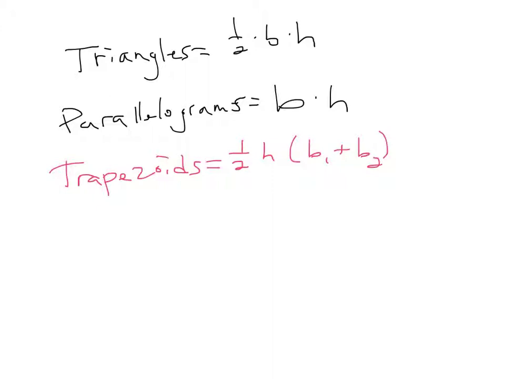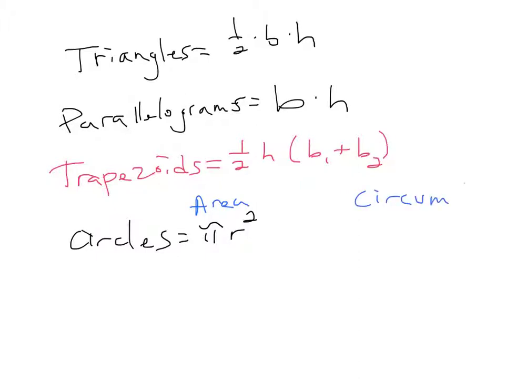And lastly, we talked about circles in this chapter. For the area, it is pi r squared. And again, that was area. But then we also talked about circumference, circumference being the perimeter of a circle. That's different, and that's 2 pi r.